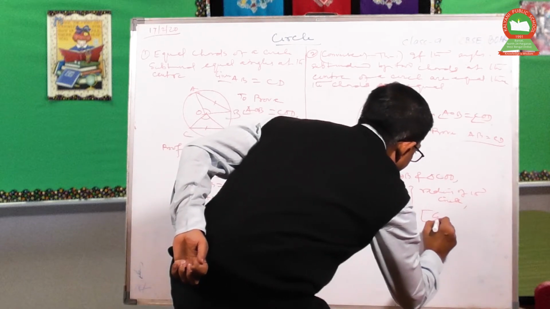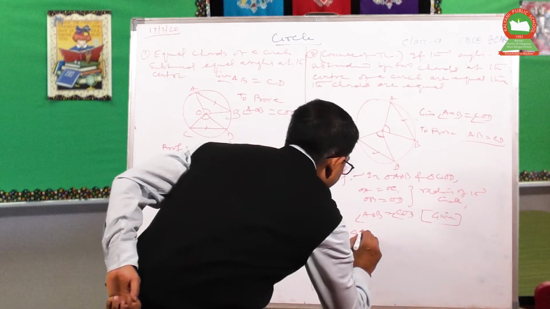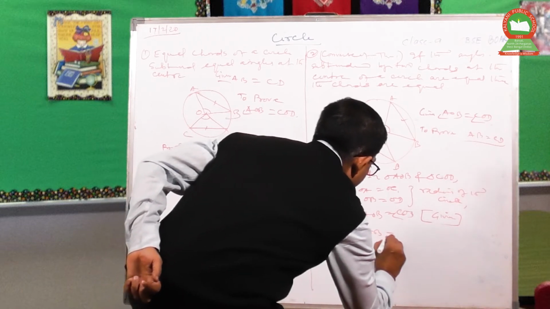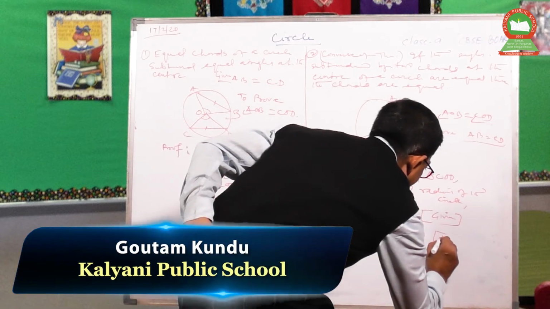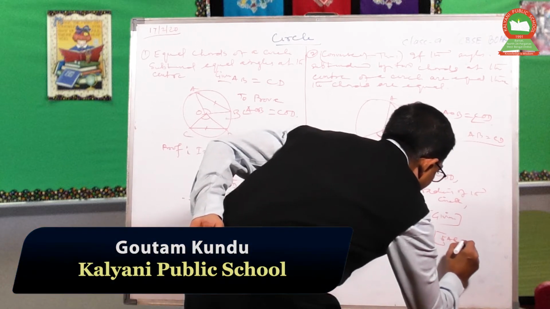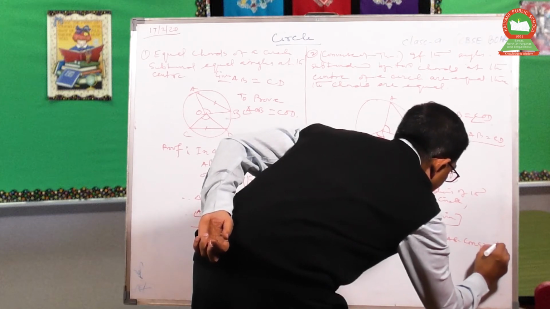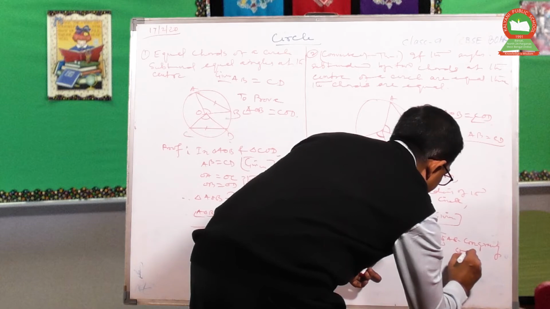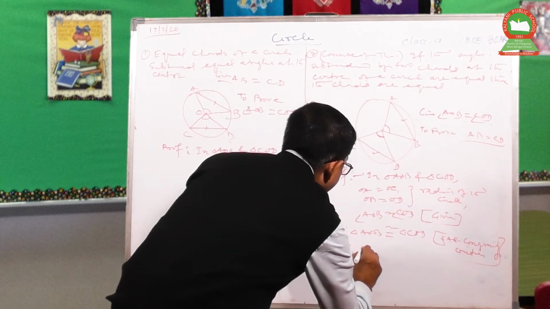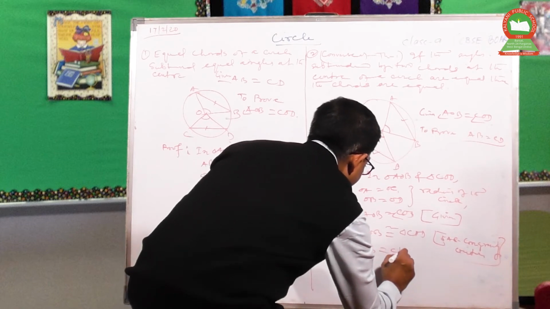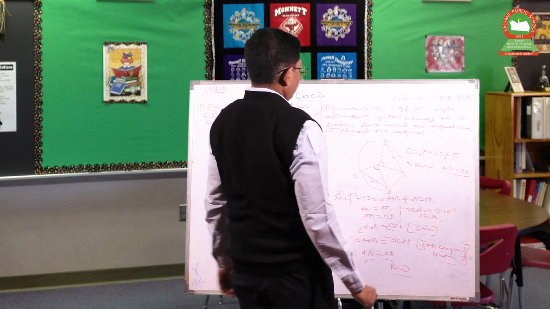This is given. Therefore, triangle AOB is congruent to triangle COD. This is the SAS congruency criteria. Therefore, AB equal to CD, that is proved, which is what was required to prove.